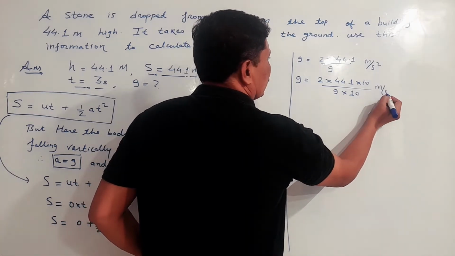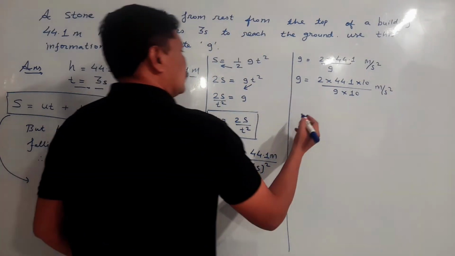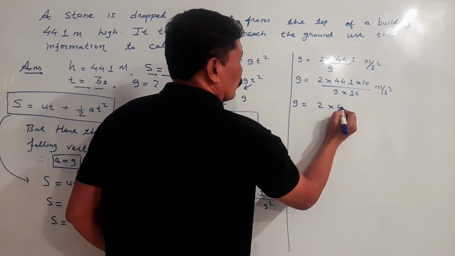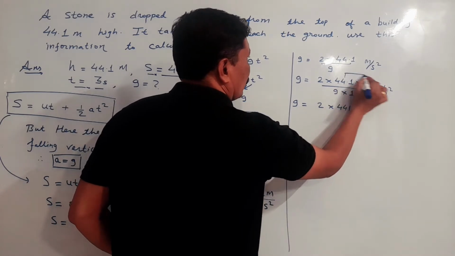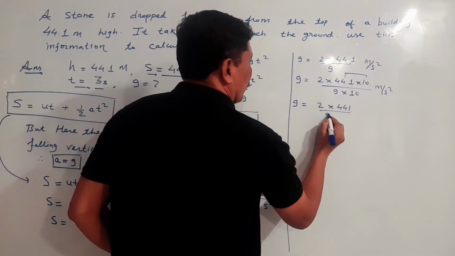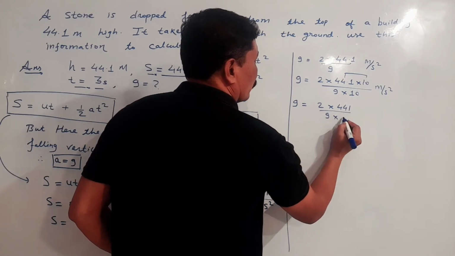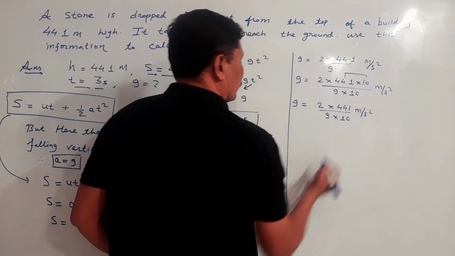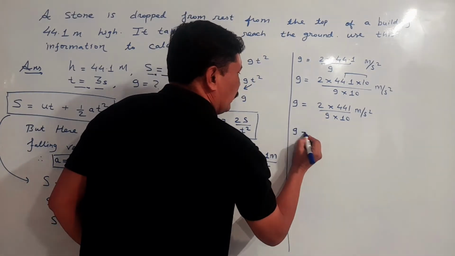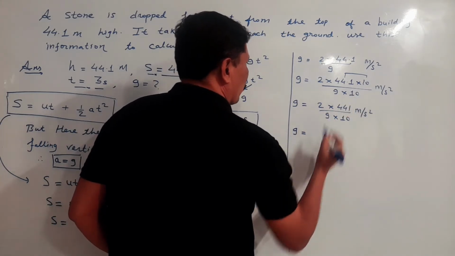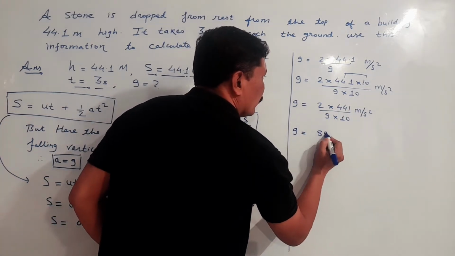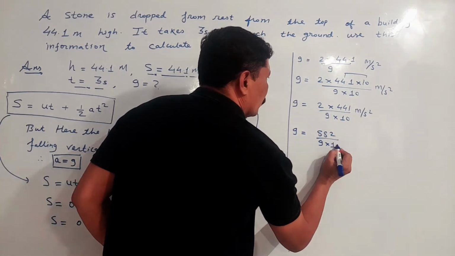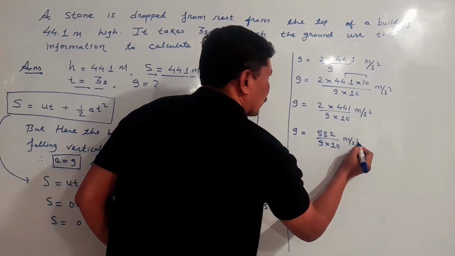My dear student, this arrangement we have done to remove the decimal point. g is equal to 2 into 441, decimal point is removed, divided by 9 into 10 meter per second square. g is equal to 2 into 441, we get 882 upon 9 into 10 meter per second square.